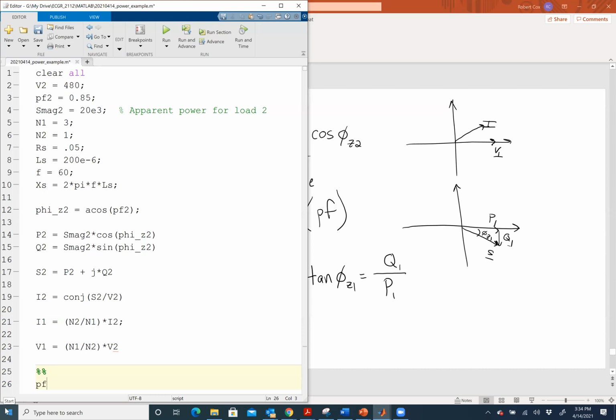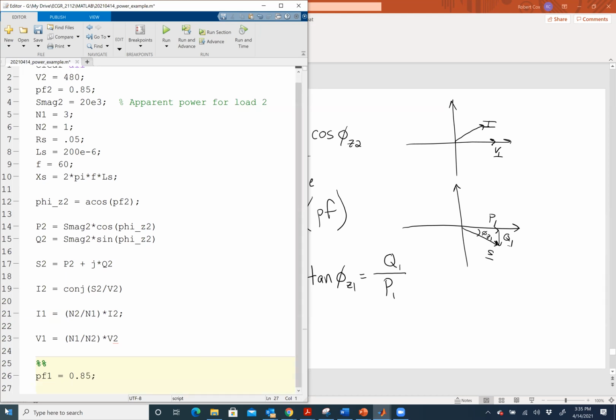So I was told the power factor 1, here's how I would enter it in. Power factor 1 is 0.92, sorry, I reversed them. And then phi Z1, how did I do it with the other?